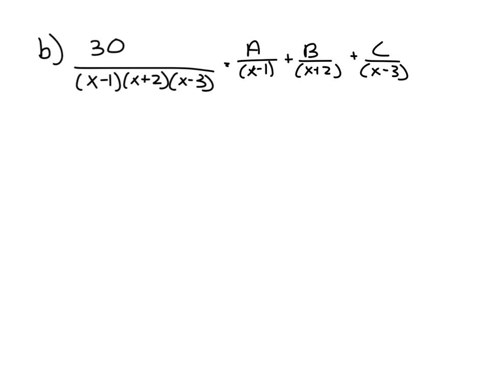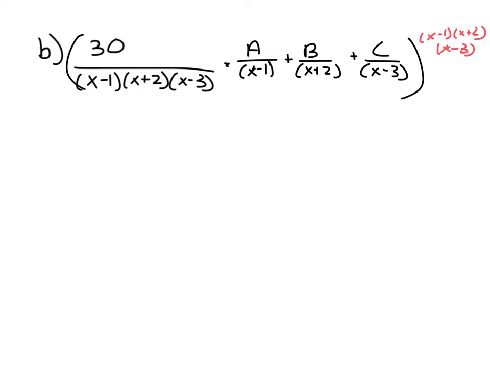Alright, and then I need to find each of these fractions. The first step is always going to be to cancel out what's on the bottom. So to do that, I'll multiply both sides by this x minus 1, x plus 2, x minus 3.